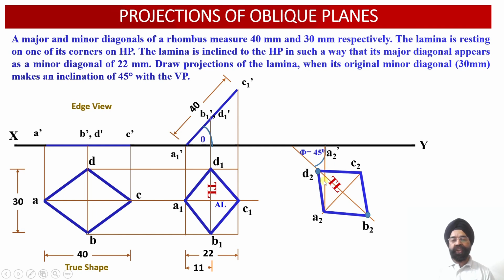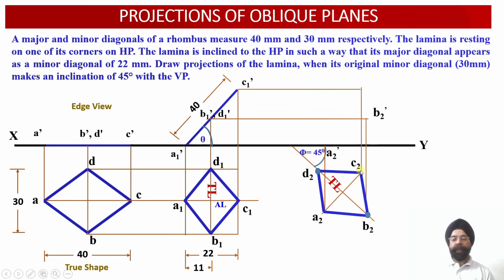The intersection of the vertical projector drawn through A2 and the horizontal projector drawn through A1 dash will provide us with A2 dash. Similarly, for the B point, from B2 draw a vertical projector. From B1 dash, draw a horizontal projector. Obtain the intersection of the two projectors over here. This intersection provides us with the front view of the point B dash.